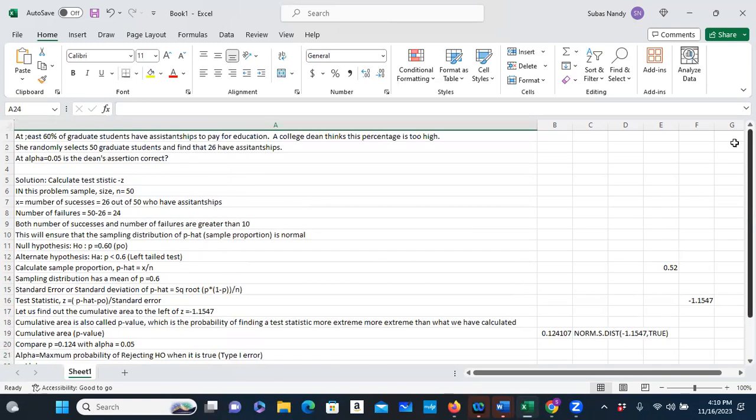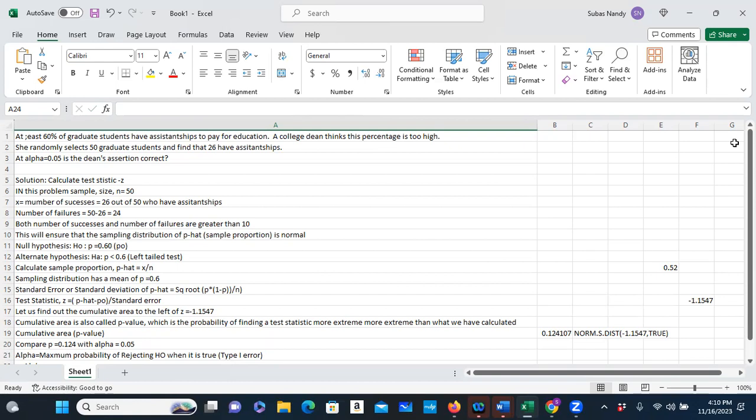So here basically we calculated a test statistic. First, we checked that the number of successes, which is 26, is greater than 10, and the number of failures, 24, is also greater than 10. Then we can assume that the sampling distribution of p hat, the sample proportion, is normal.